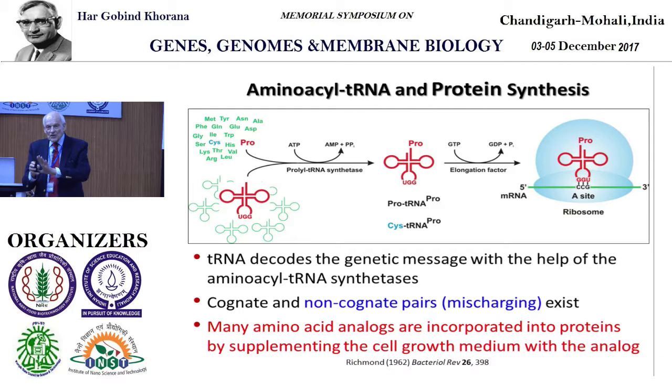So you don't need to change anything. You don't have to have different synthetases, different tRNAs, they just go in. And this is something that the field forgot for a significant number of years, at least 30 years.